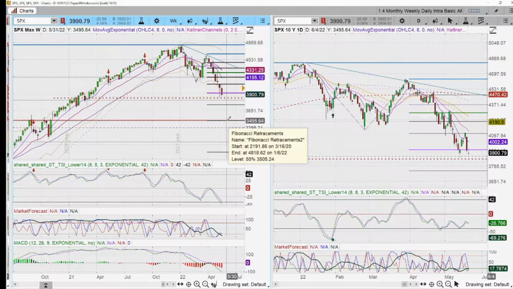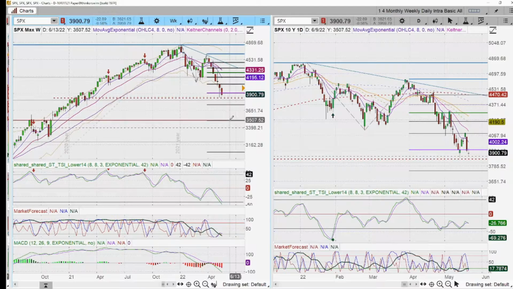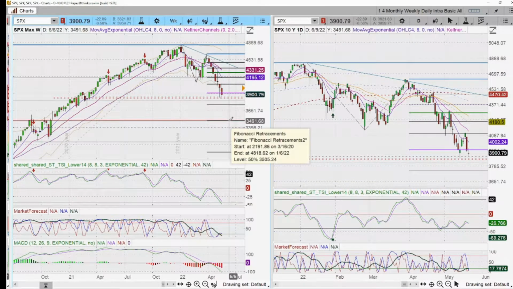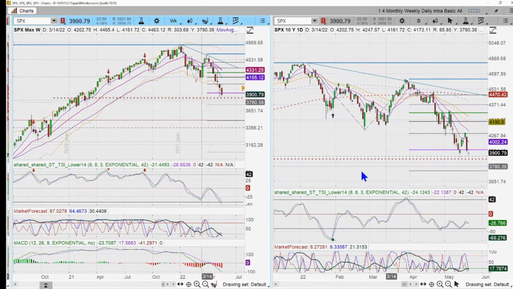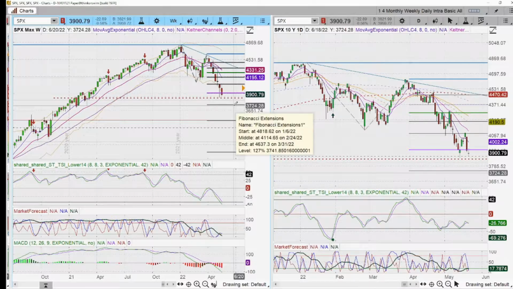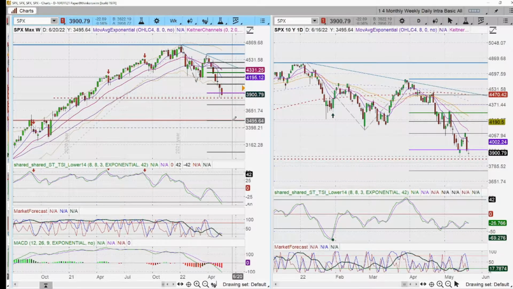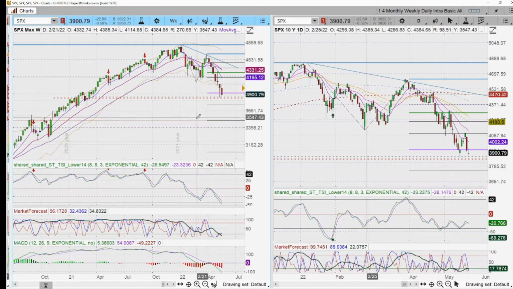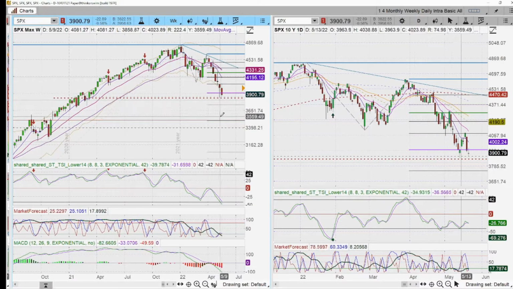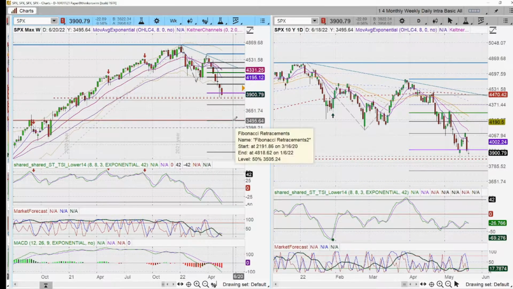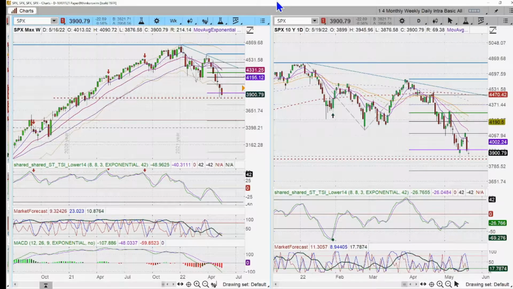It almost coincides exactly to a move down from this level to this level. If this is the 1.272, this is a 1.618 right in there. I have to get rid of that one to show you that. But again, that is a strong level of past support. So that's what we can learn about the S&P.